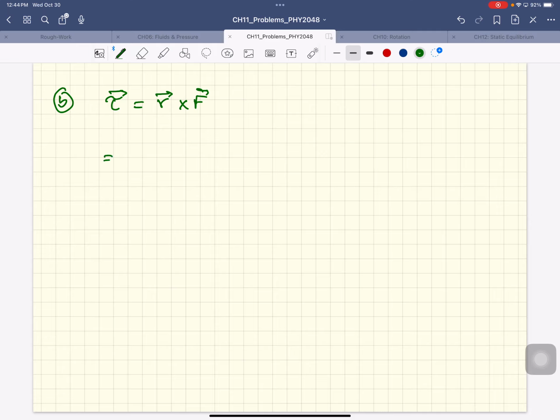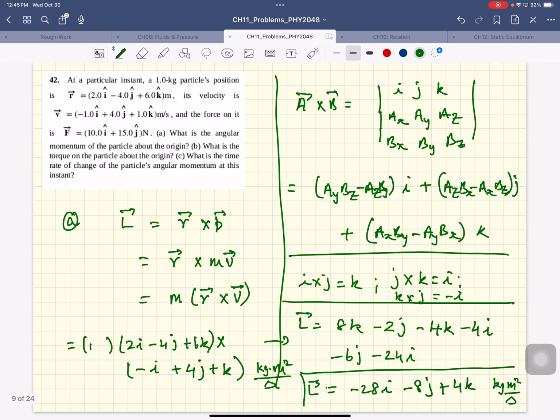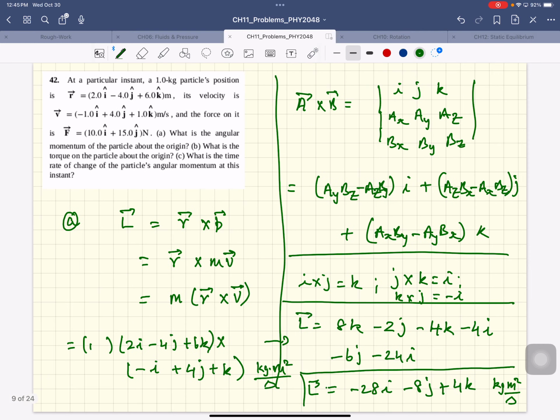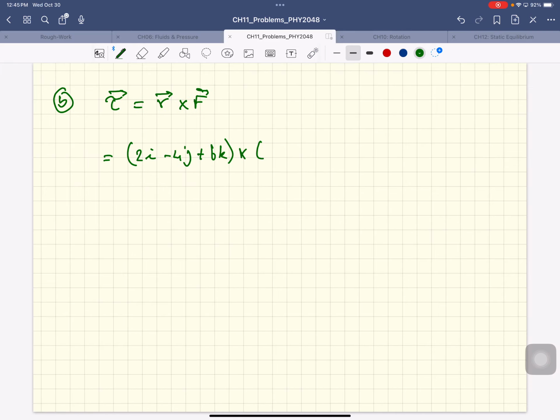So R is our vector. R is 2i minus 4j plus 6k, cross, and the force is 10i plus 15j.